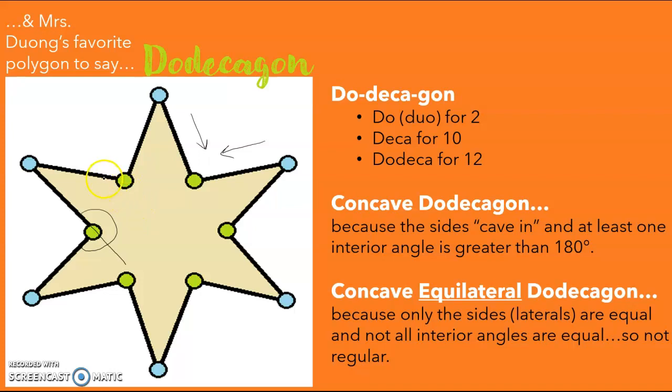That means all of these interior angles right here are greater than 180 degrees, because they all open past an imaginary line. This is also a concave equilateral dodecagon because only the sides are equal.